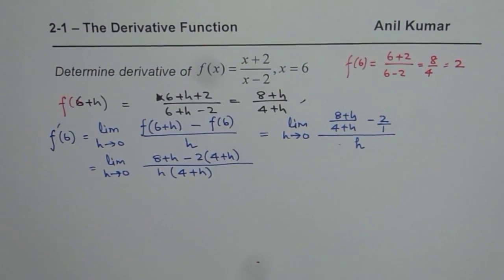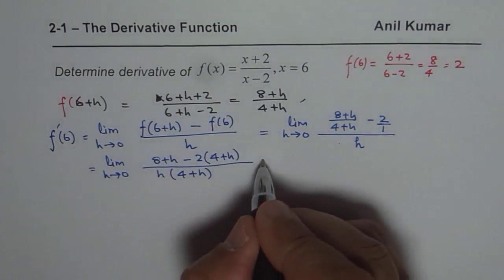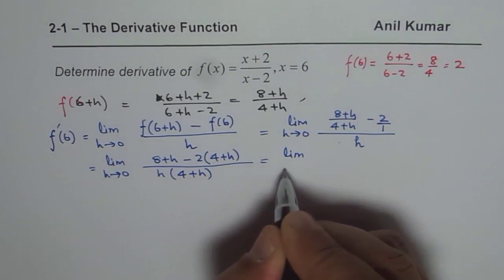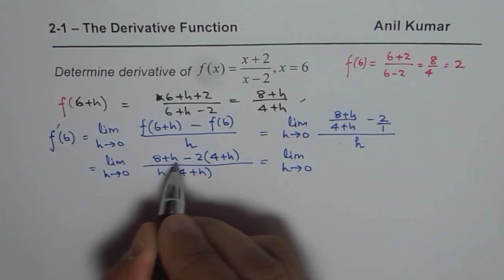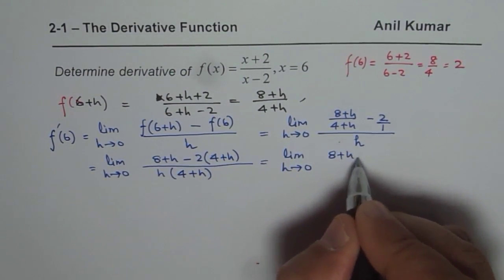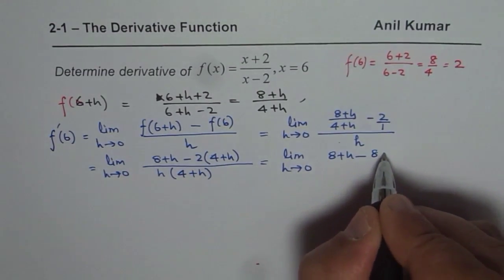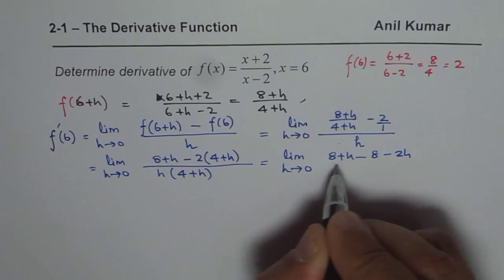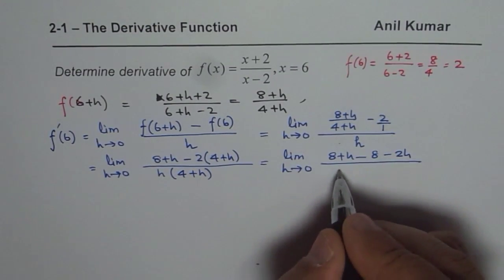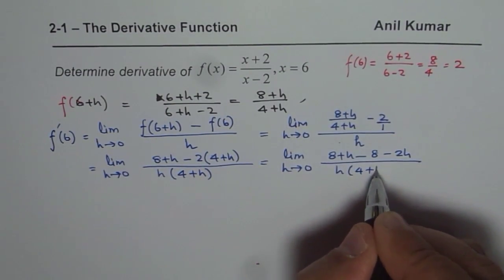That is how the function is going to look. So now let us expand it: limit h approaches 0, 8 plus h minus 8 minus 2h divided by h times 4 plus h.